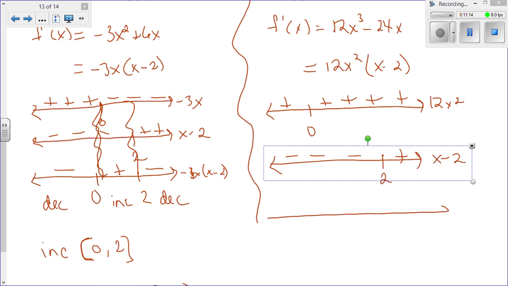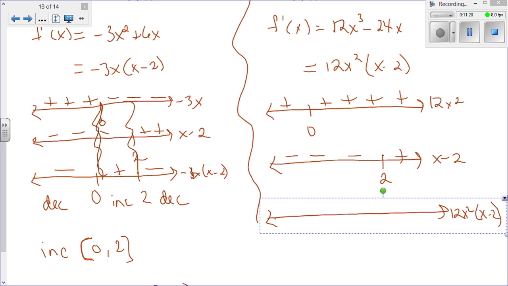So if I draw my number line for 12x squared times x minus 2, and multiply my two number lines together, positive times negative is negative. Positive times positive is still negative, and positive times positive is positive.